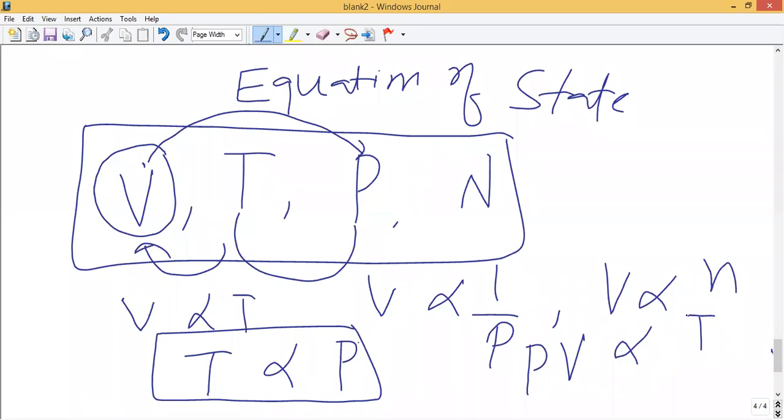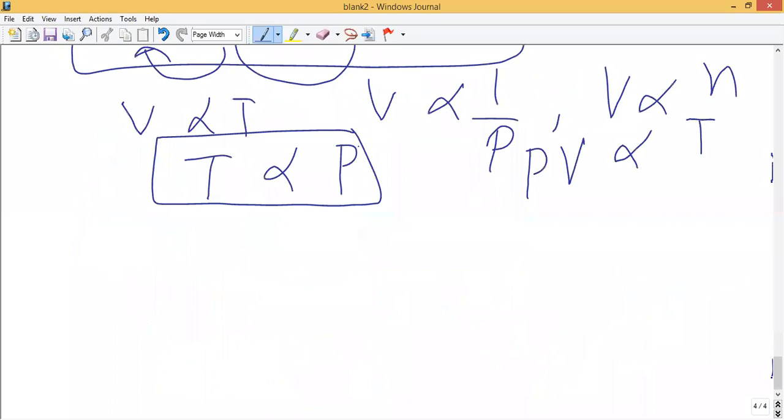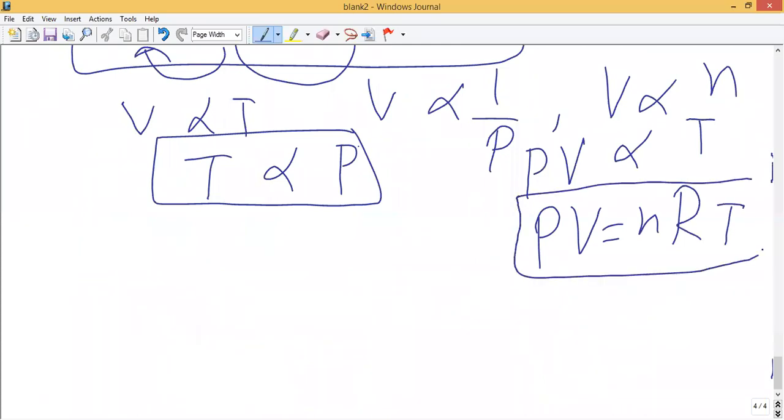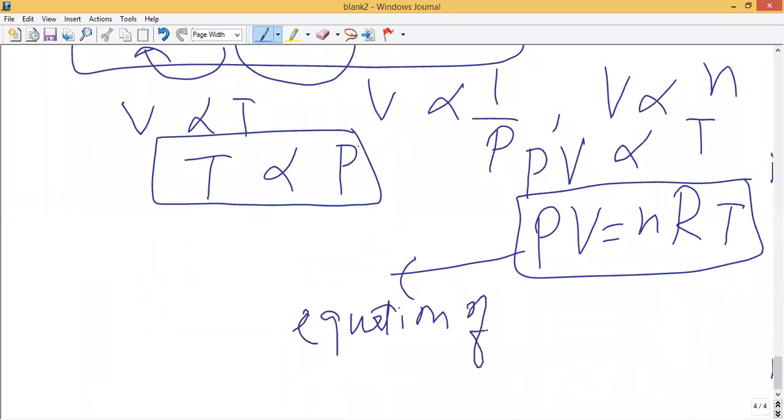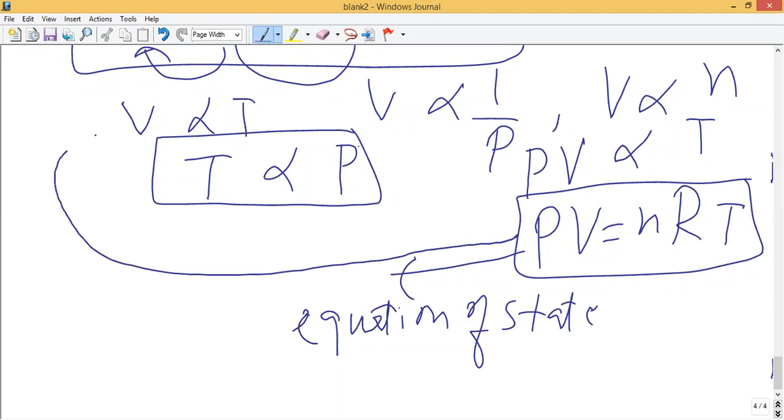Or you can write it here, PV equals nRT. This equation is known as the equation of state. PV is equal to nRT. All these relations you can derive from this equation.